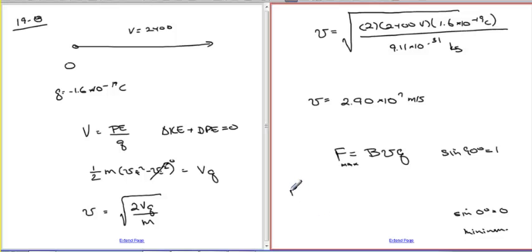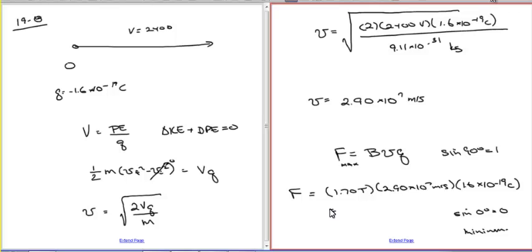So our maximum is the magnetic field strength, which is 1.70 Tesla, times the velocity, which is 2.9 times 10 to the 7th, times the charge, which is 1.6 times 10 to the minus 19th coulombs. Even though it's moving pretty fast, the force is still pretty small. Oh, that's not true.